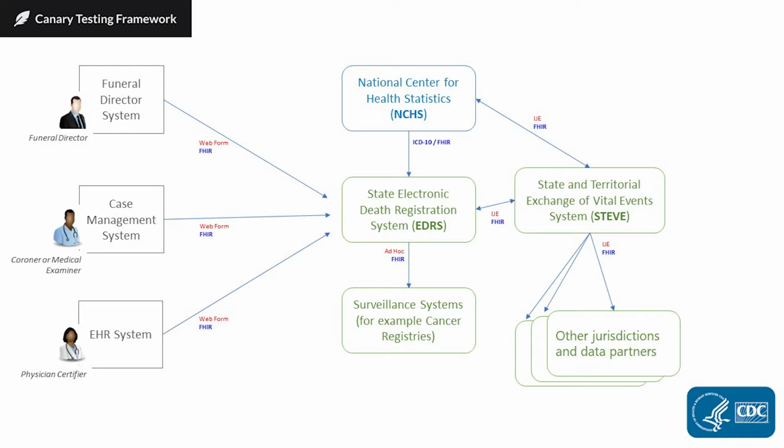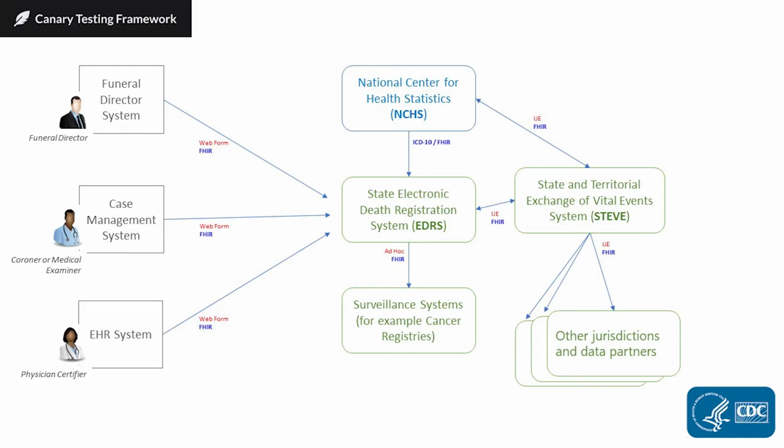The EDRS then sends the data to NCHS, which parses it for multiple internal systems, including the cause of death and demographic information. As part of the eVital Standards Initiative, NCHS will assign an International Classification of Disease, ICD-10, coded cause of death, and send that back to the originating jurisdiction.